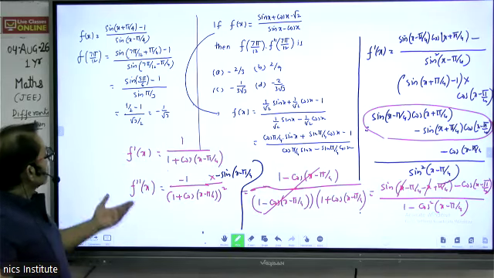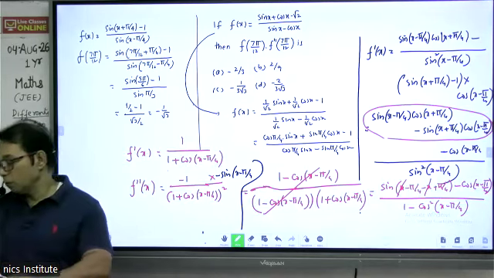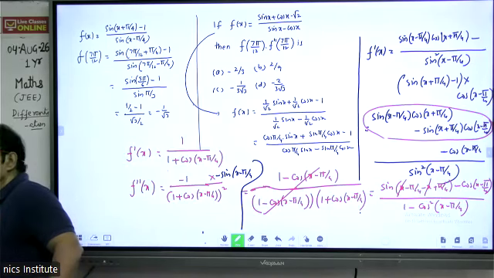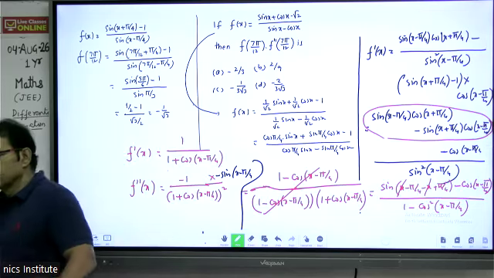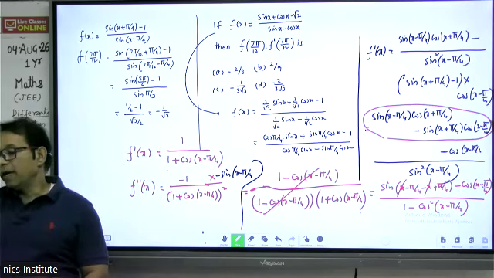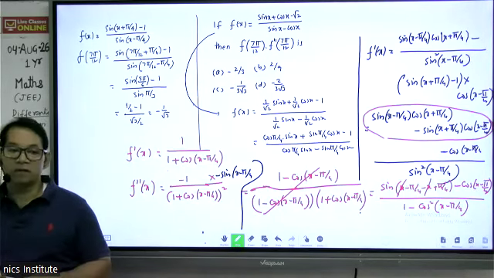And then you can substitute the value. Divsha, what's your answer? अब x को you can substitute 7π/12.